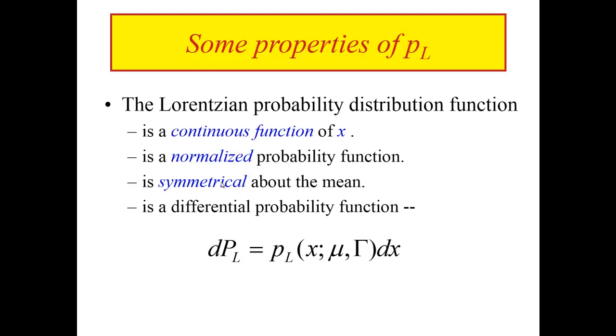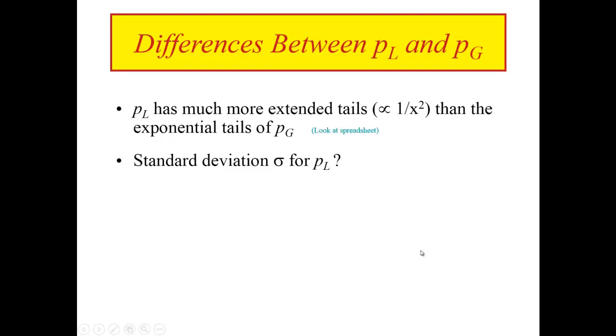And we can write this differential quantity the same way that we did for the Gaussian function because it's a continuous function of x. However, here's the difference between the Lorentzian and the Gaussian function. The Lorentzian probability function has much more extended tails than the exponential tails of the Gaussian function.